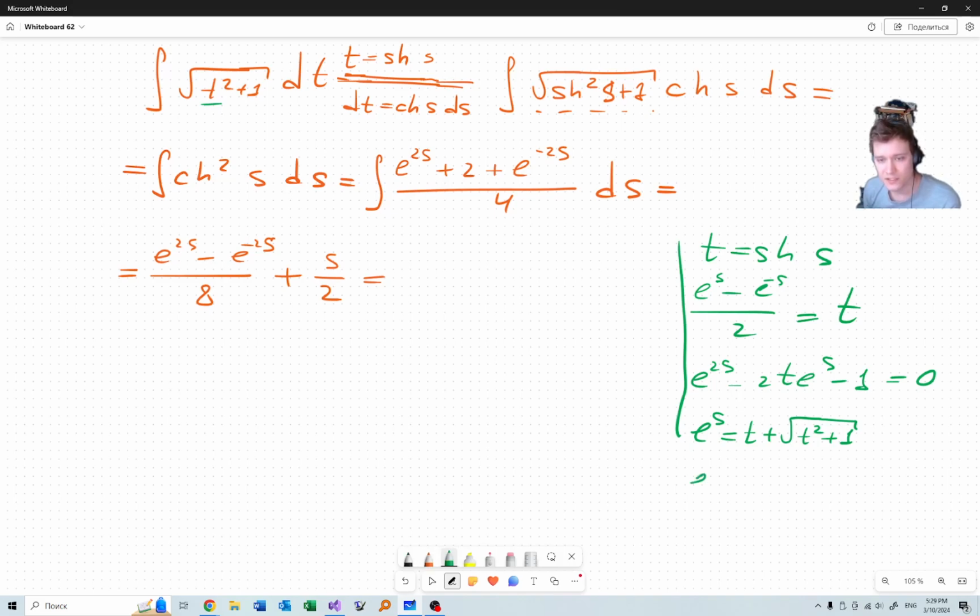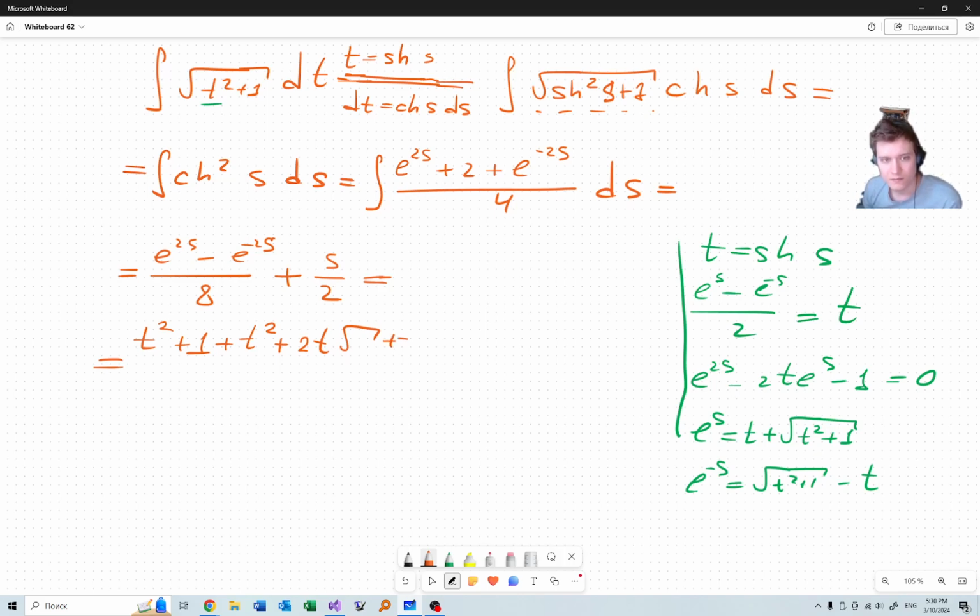Also, we can calculate e to the power minus s, which is simply square root of t squared plus 1 minus t. Okay, having that in mind, let's calculate e to the power 2s, on a new line. So it is t squared plus 1 plus t squared plus 2t root of t squared plus 1.